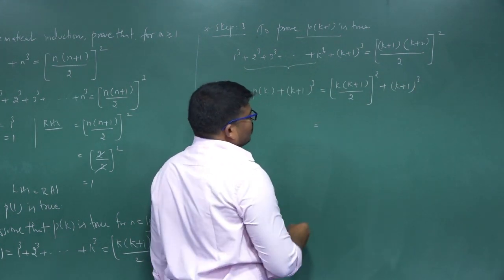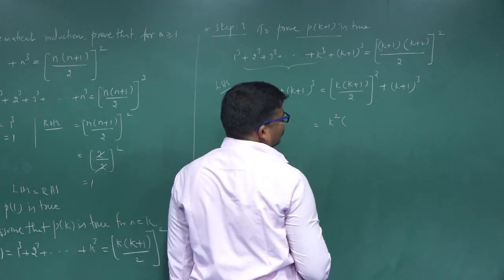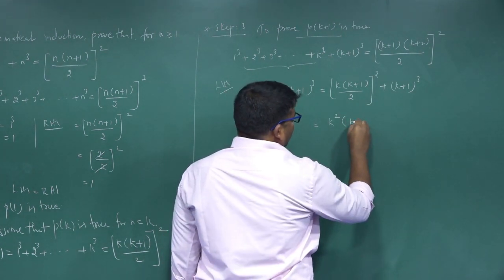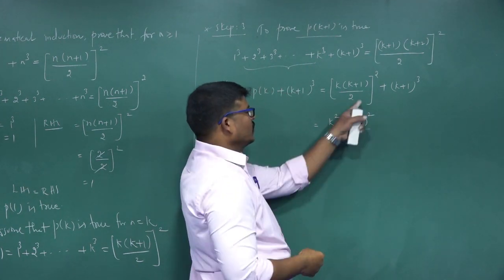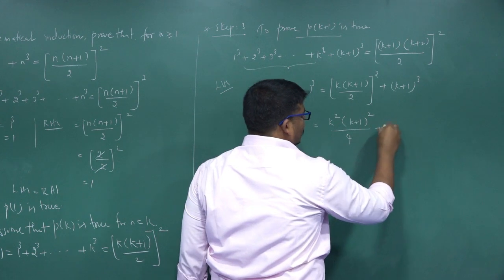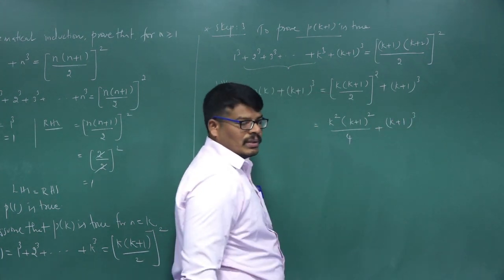That is equal to k square into k plus 1 whole square by 4, since 2 square is 4, plus k plus 1 whole cube.